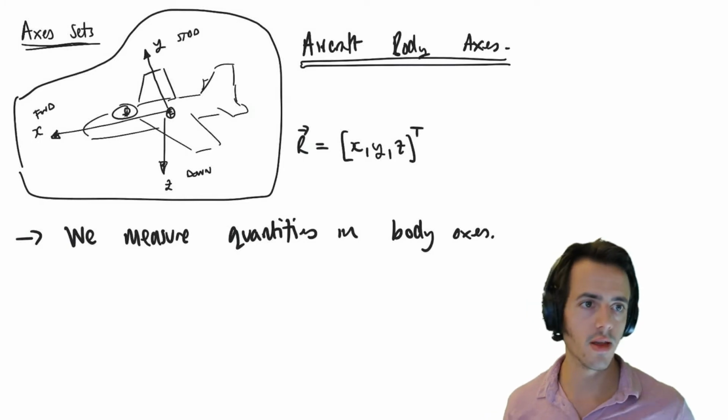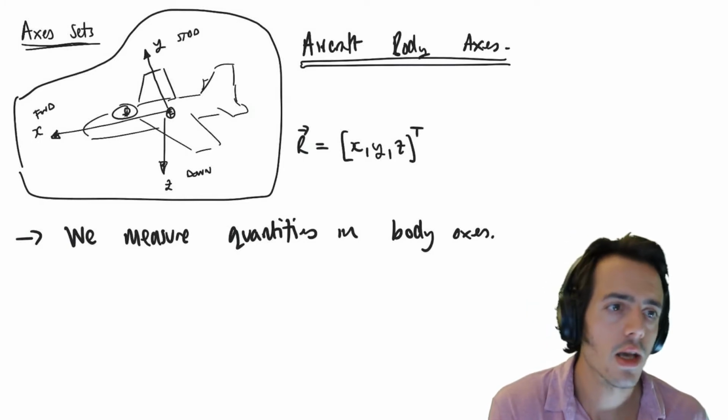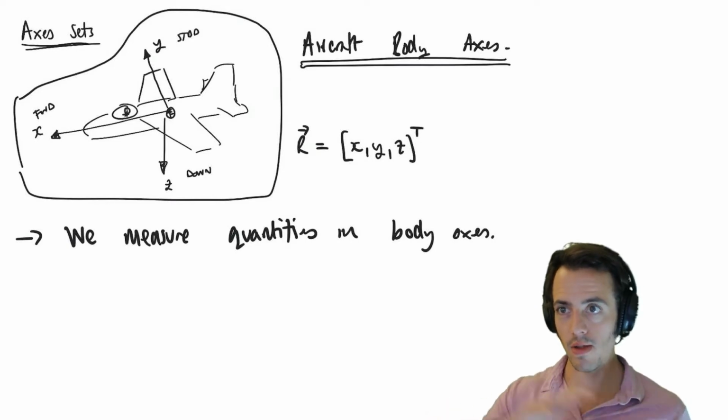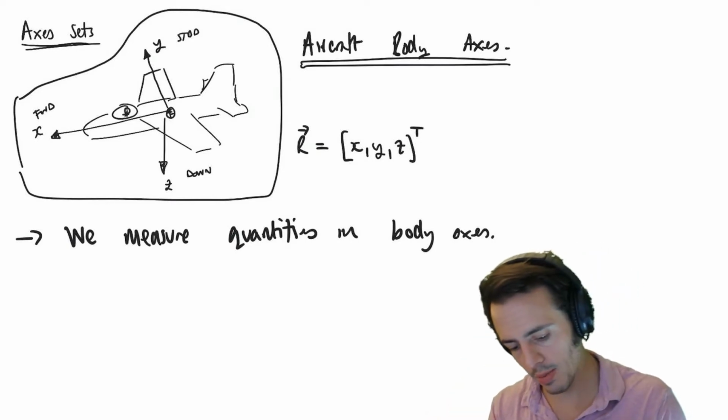So we measure quantities in body axes, so that's useful for us. We're going to put all of the other forces and the accelerations into aircraft body axes because that will help us out.